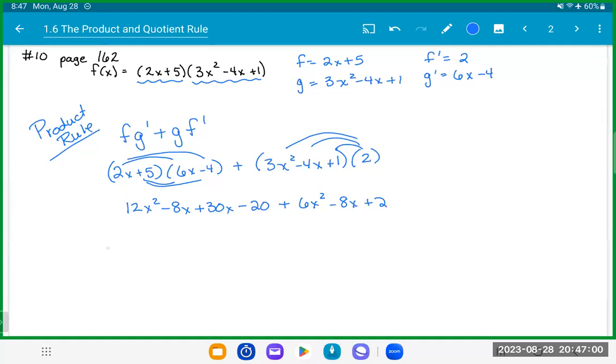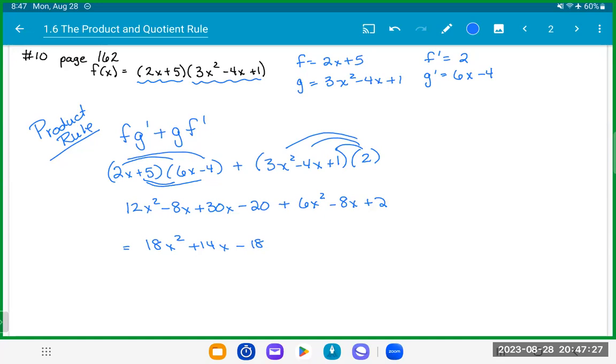We can simplify this, combining our like terms, we'll end up with 18x squared plus 14x minus 18. Okay, and that's pretty much as low as we can get that, or as in simplest form. So that is the derivative of that given function.